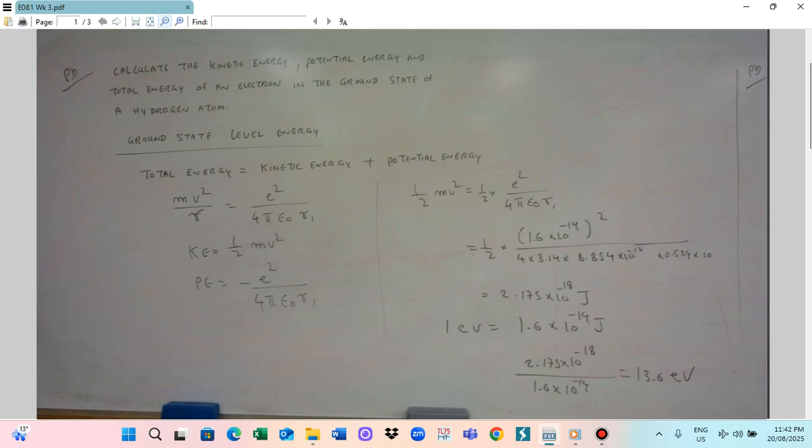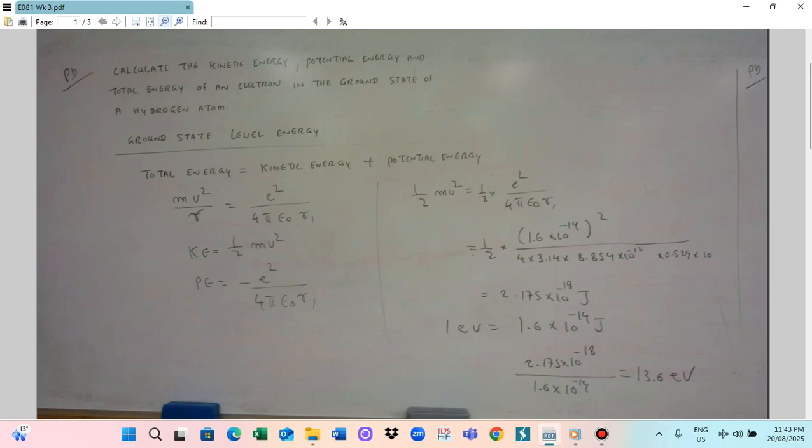That will be the kinetic energy of the electron. So we convert this to electron volts. 1 electron volt is equal to 1.6 times 10 power minus 19 joule. So this energy we can convert to electron volt: 2.175 times 10 power minus 18 divided by 1.6 multiplied by 10 power minus 19.